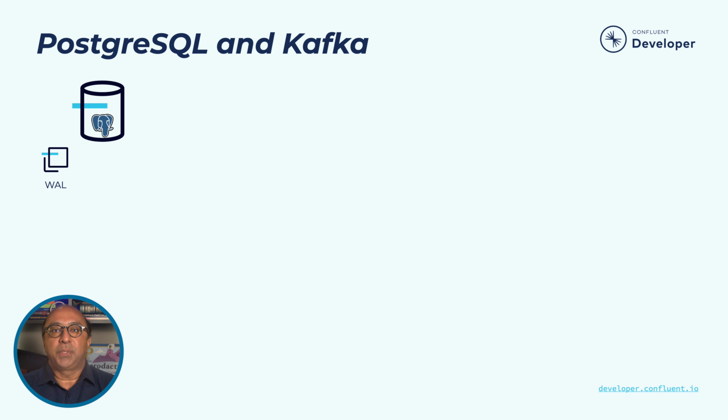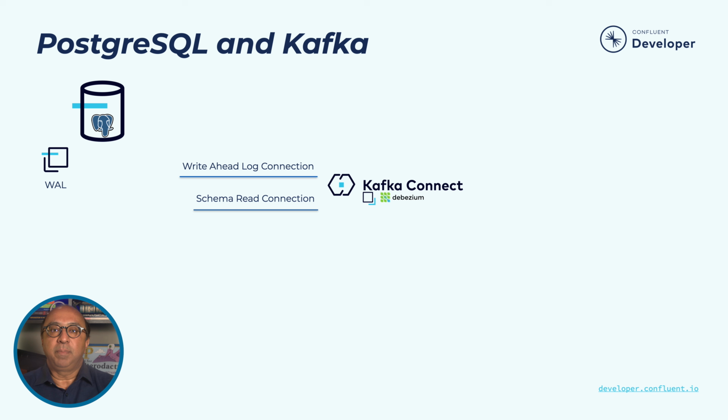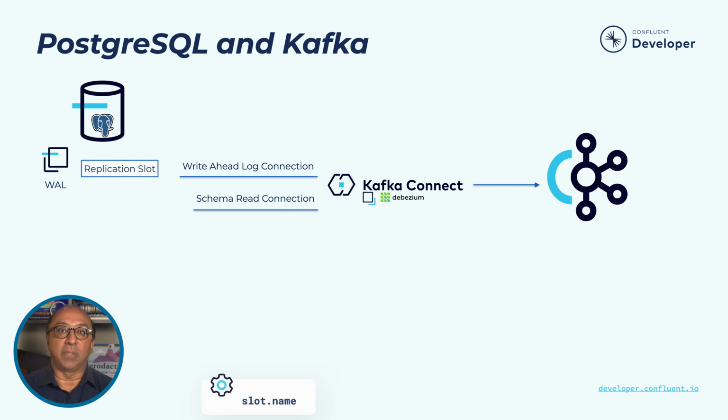How does Debezium actually work under the covers? I think it's important to at least get a brief idea of what's going on. We've got our PostgreSQL, and we've got its write-ahead log. Debezium, running on Kafka Connect, goes ahead and makes multiple connections to Postgres and writes that data out to Kafka. Now, one of the things that Postgres uses to manage the connection that Debezium is using in order to read updates is known as a slot.